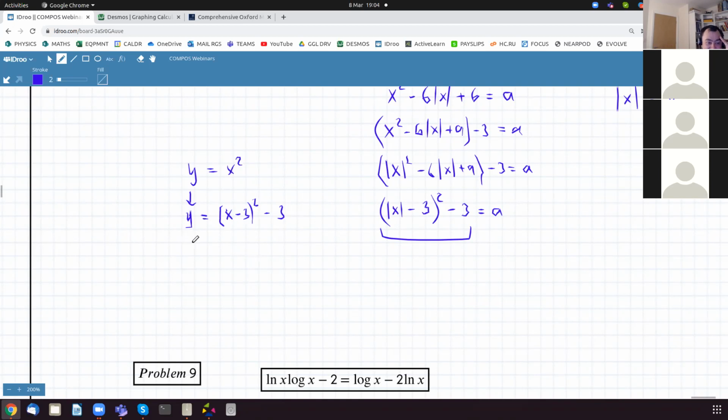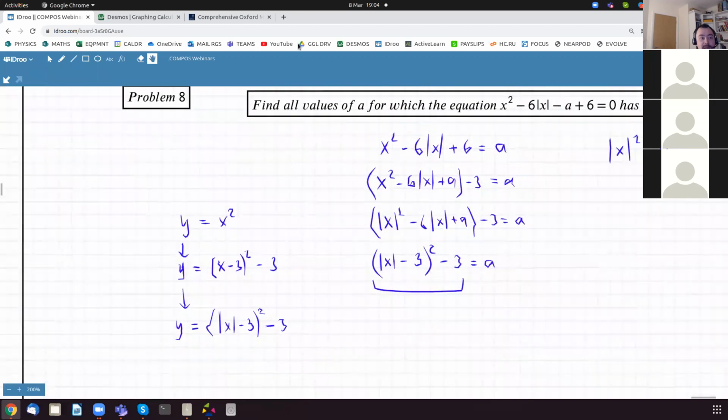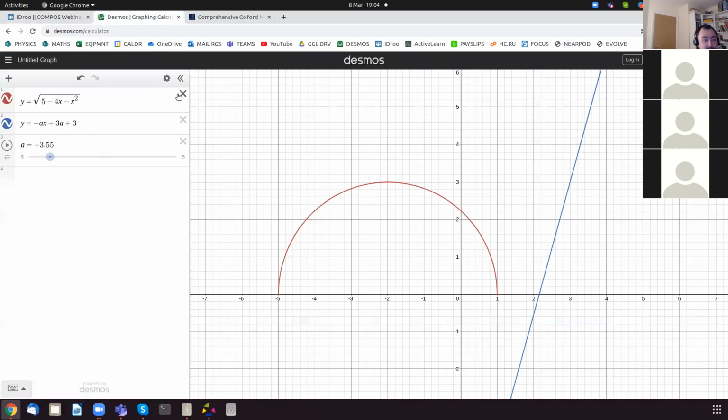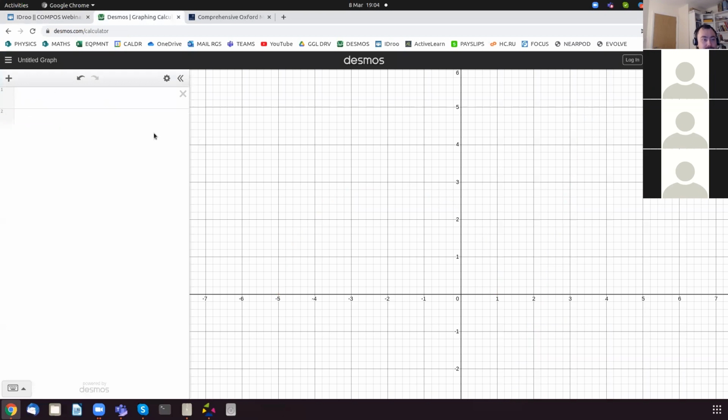And then the next transformation is the modulus x transformation. If you're not familiar with the modulus x transformation, I'm just going to show it on Desmos. So we have y equals x squared. Well, you all know how this looks.